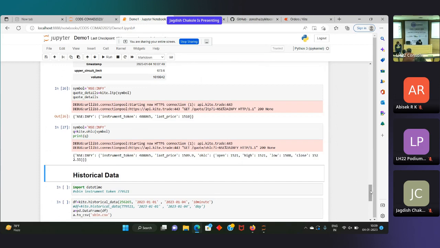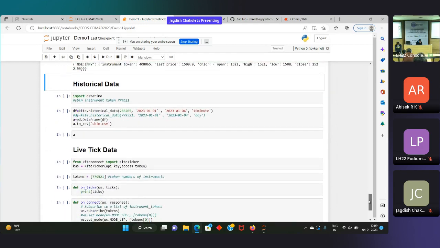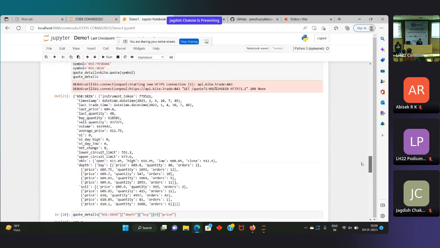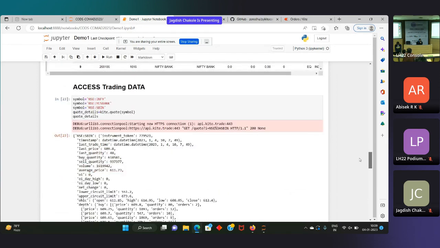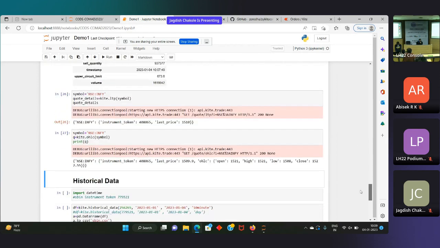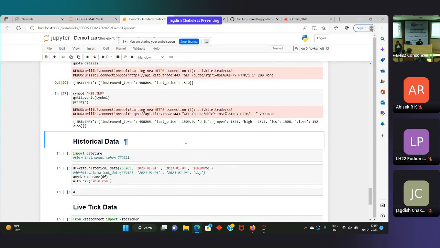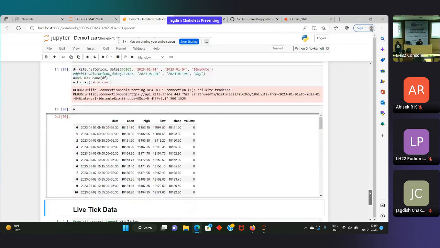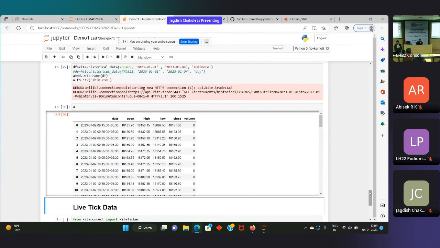Let me show another thing. Now comes historical data. This is 10-minute data, not of State Bank, but of the index, that is Nifty.